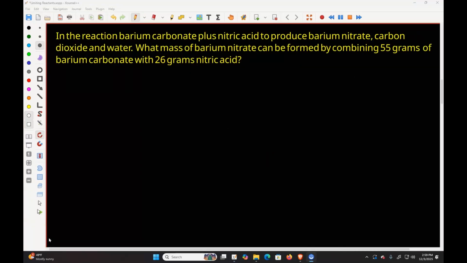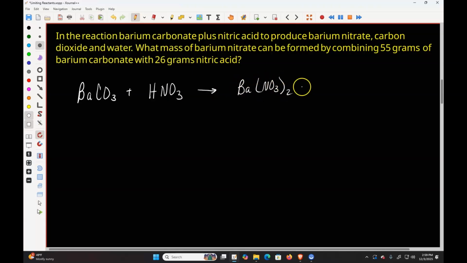In the reaction, barium carbonate plus nitric acid to produce barium nitrate, carbon dioxide, and water, what mass of barium nitrate can be formed by combining 55 grams of barium carbonate with 26 grams of nitric acid? So I have barium carbonate plus nitric acid. It's going to produce barium nitrate plus carbon dioxide plus water.